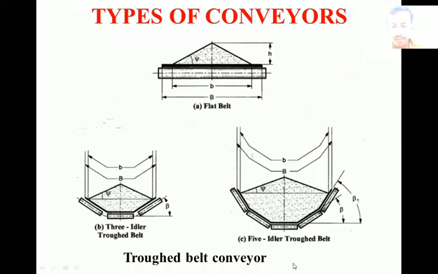Sir, actually, I didn't get the point about the take-up pulley in this diagram. And another one is the supporting rollers: are they stationary or rolling? They will not be stationary.